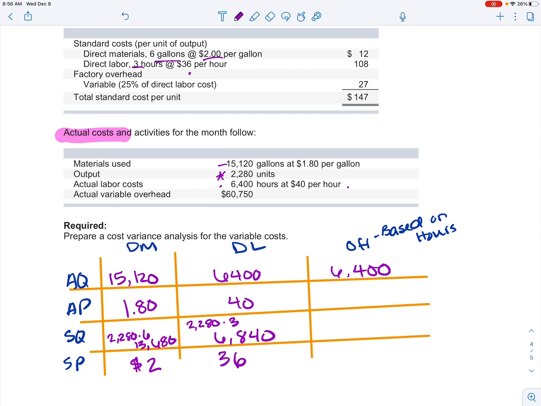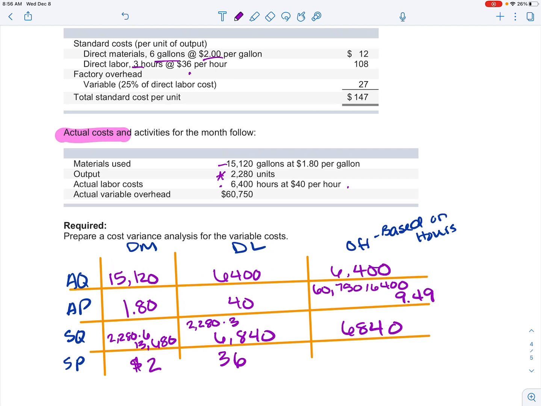The actual price, if I'm going to bring that into a price that's comparable, I'm taking my total cost, dividing that by hours, which would give me $9.49. My standard quantity, again, is based on hours, on labor hours.